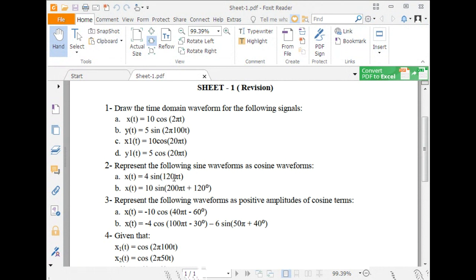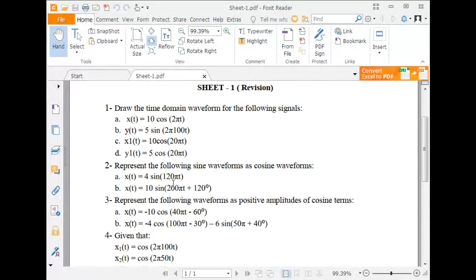Go to the second solution. Can you share the solution with us, please? Doctor, do you want the graph, or do we just do the shift? For question number 2, no graph. I will show the solution.